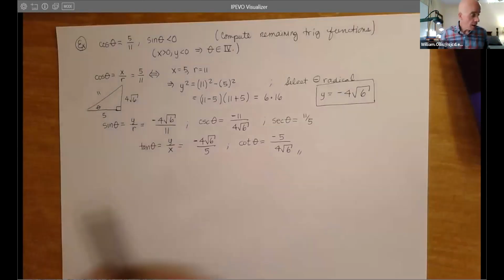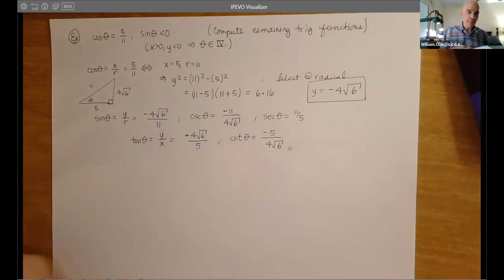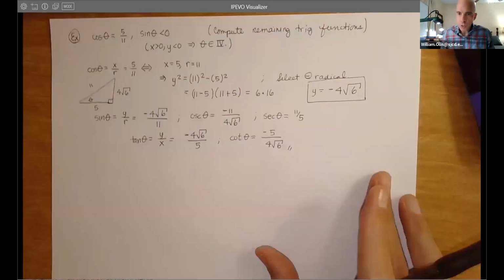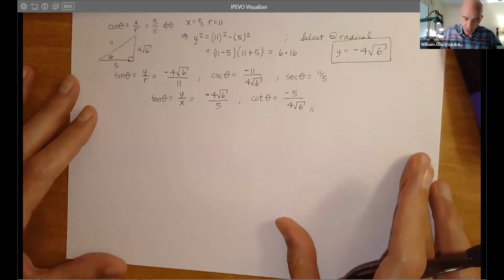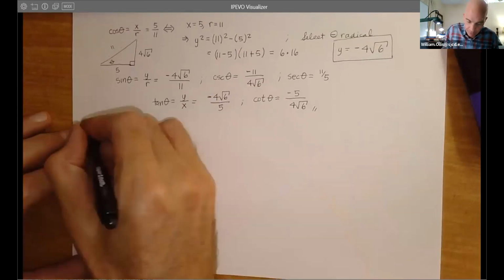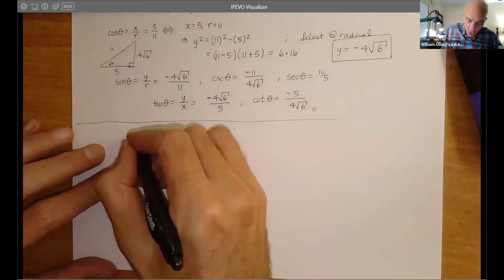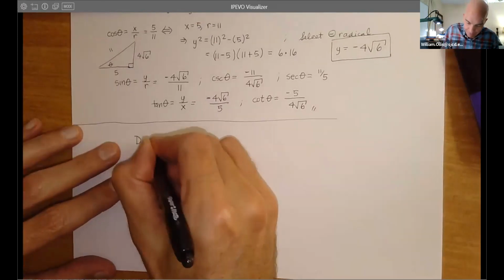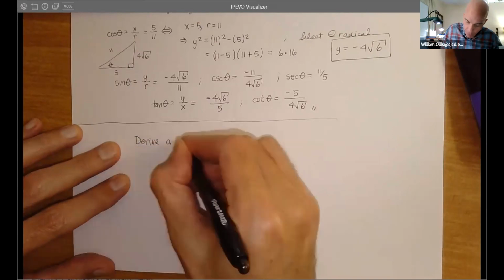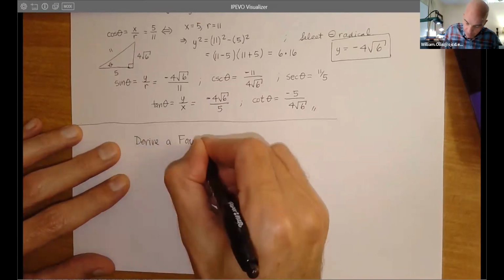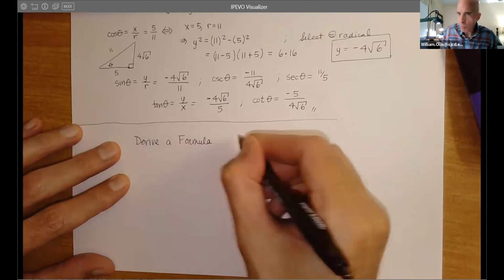So now let's look at an example. What I want you to do as extra, we can just do it now quickly. I think we got enough time. So derive a formula. Now let's see what we know.